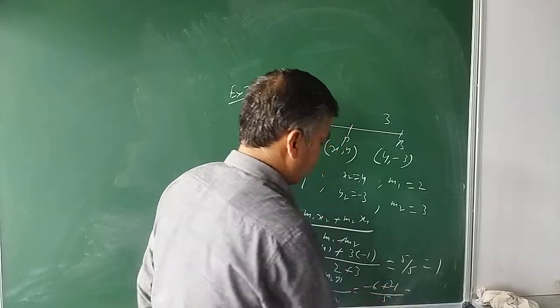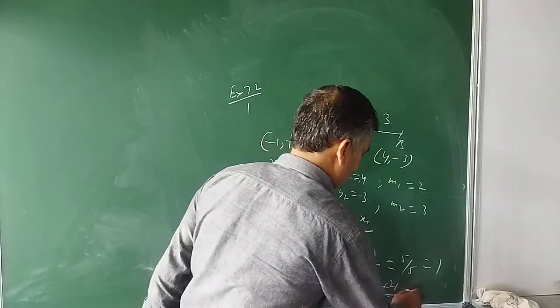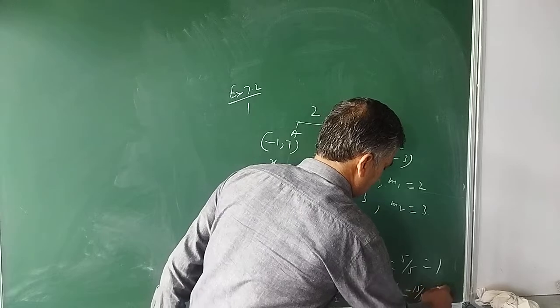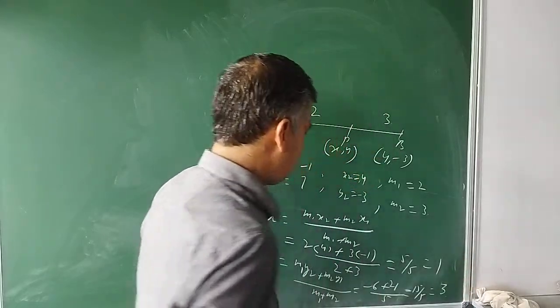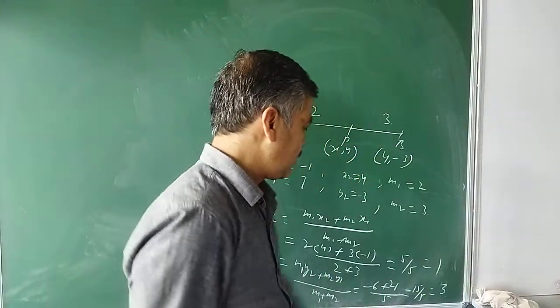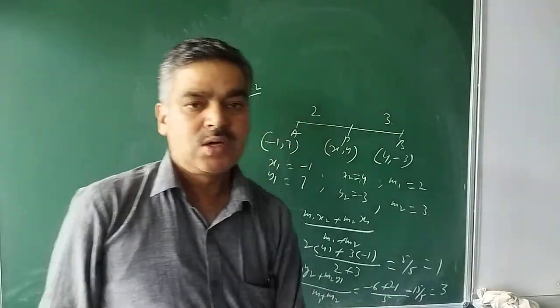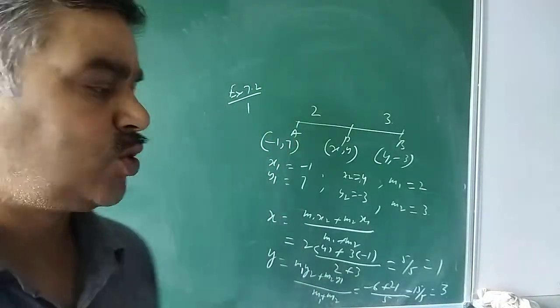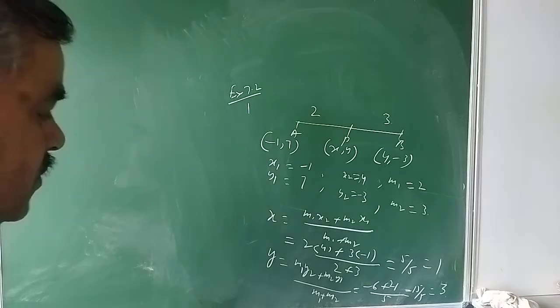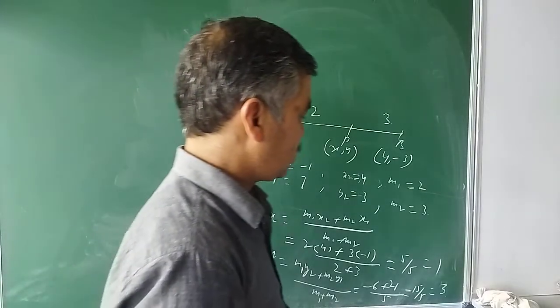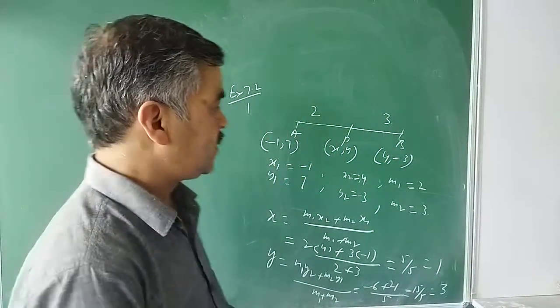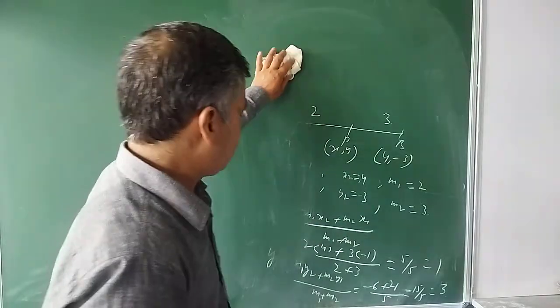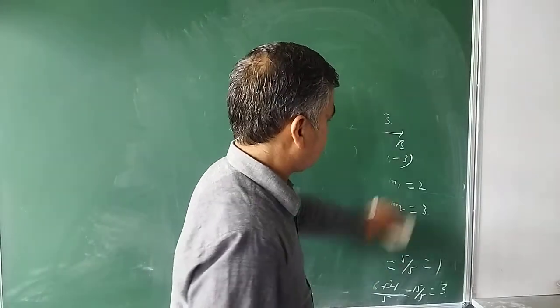So 21 minus 6 is 15. 15 upon 5 will give you the value 3. So x is equal to 1 and y is equal to 3 will be the answer for your question number 1. So that's the solution of question 1, a direct application of the section formula. Now let us take the second question here.